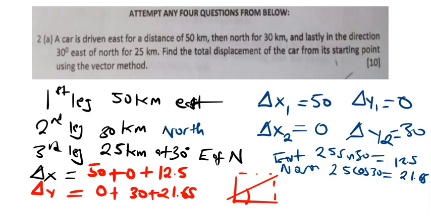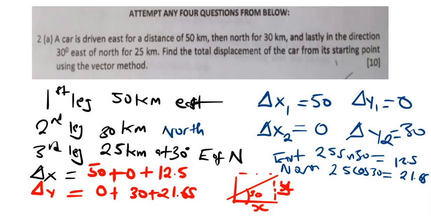Okay, for us to find the x component, we've been given 30 degrees. This is the x, this is the y.